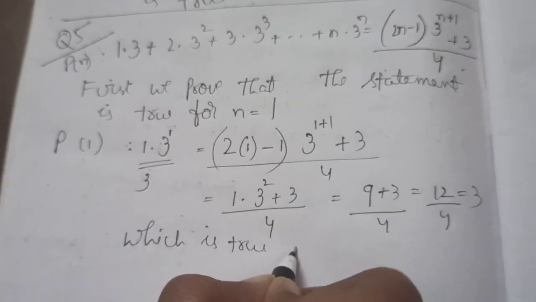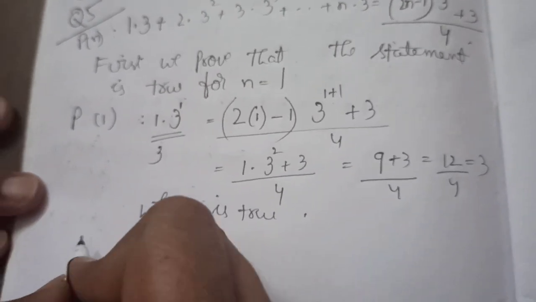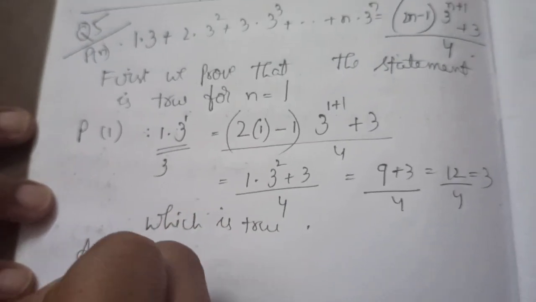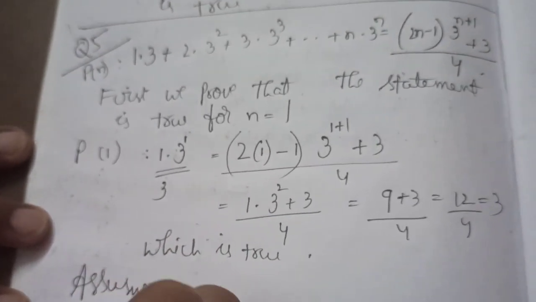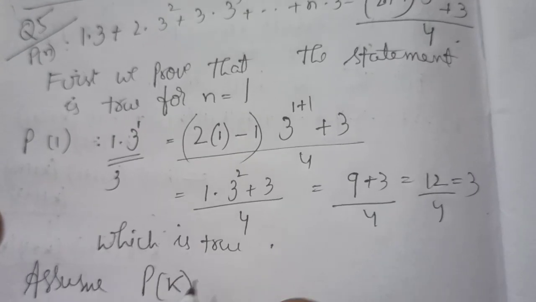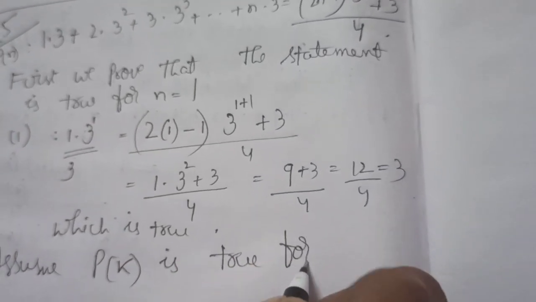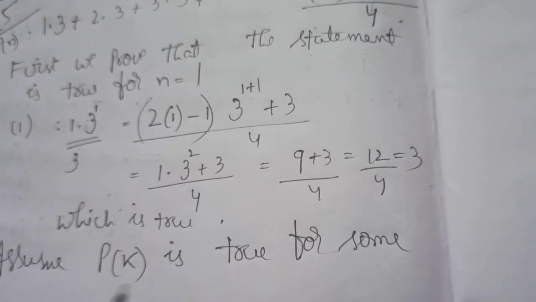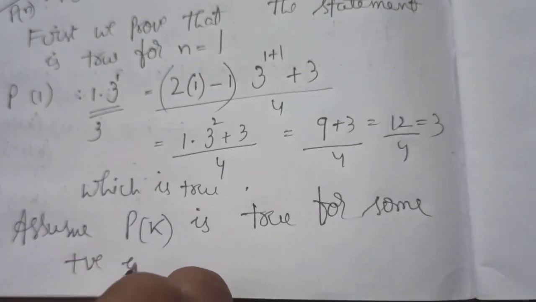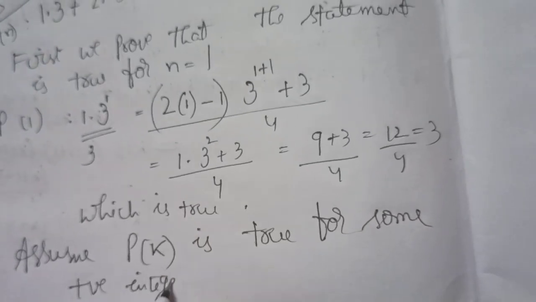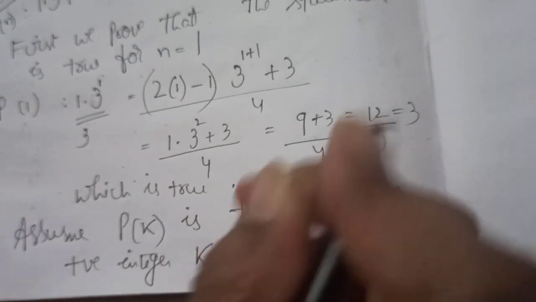Now assume P(k) is true for some positive integer k. That is your step 2.